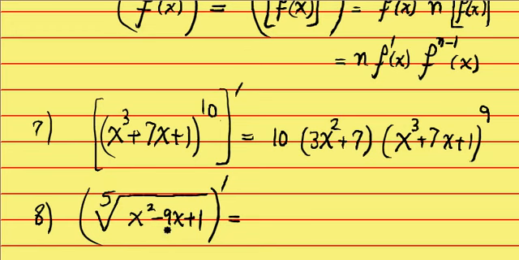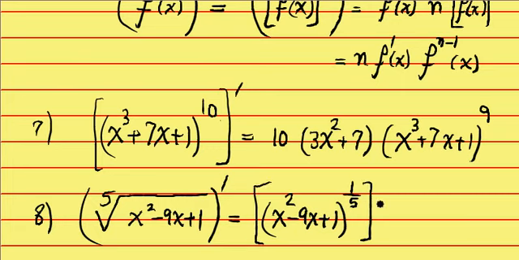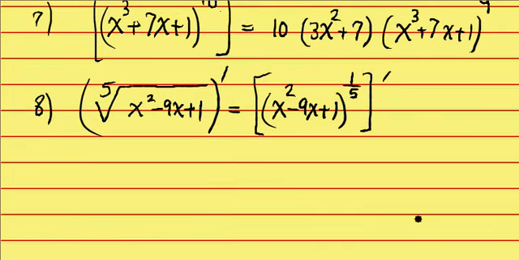Best strategy is to write this in the power notation, that is x squared minus 9x plus 1 raised to power of 1/5. So I'm using power notation. Then I want to differentiate all of that. Well, what was our shortcut? The exponent comes up front.